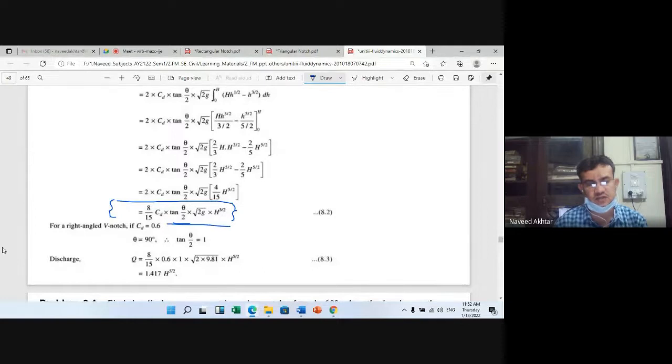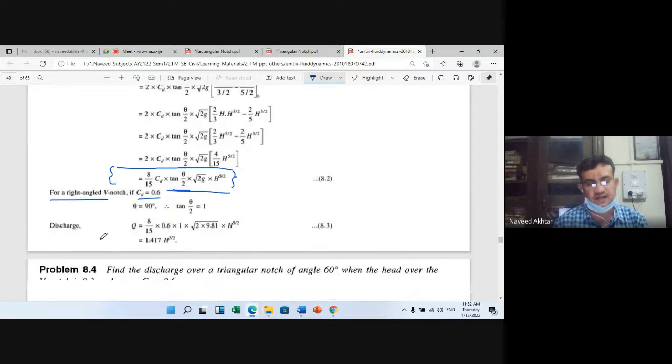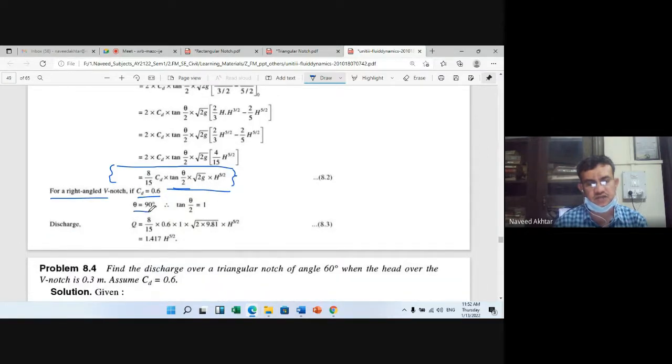Cd is generally taken as 0.6. If it is a right angle notch, then tan theta by 2 is tan 45, which is 1, so this value will be 1.